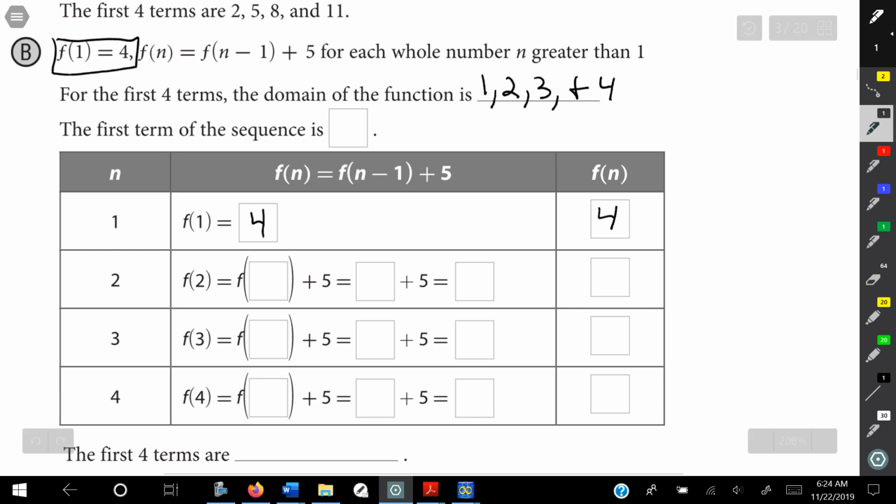Now, when we're trying to find the next term, in the second term we're going to use f of 1. So that's why I put here f of 1. But what is f of 1? Well, f of 1 is 4. And 4 plus 5 is 9. So for the second term, we get 9.